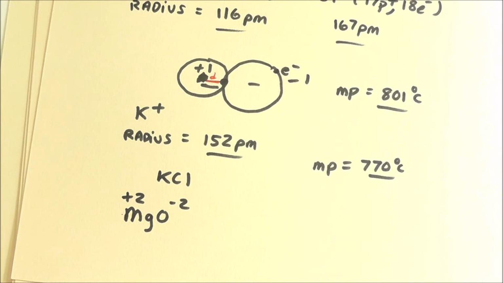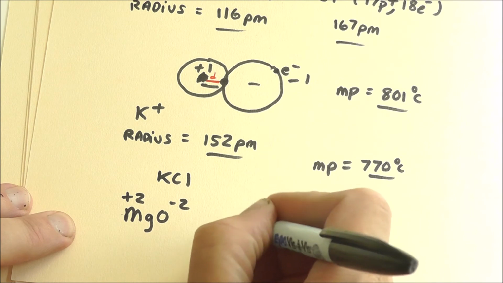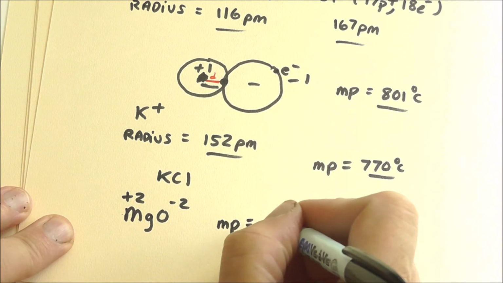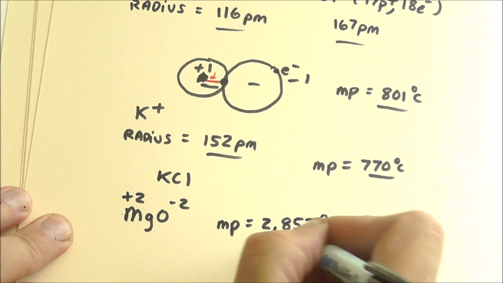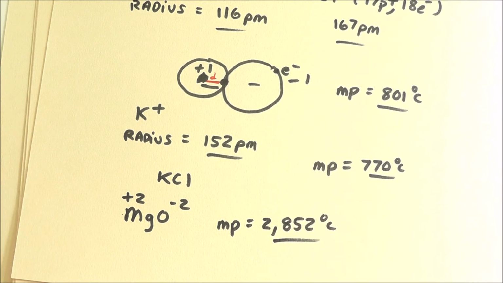So this is going to be a melting point of 2,852 degrees Celsius. That's a huge temperature. You might remember, if you ever burned a piece of magnesium, you get this white powder at the bottom. It kind of looks like ash. That's magnesium oxide. It's extremely stable. As a matter of fact, I don't even think it melts.